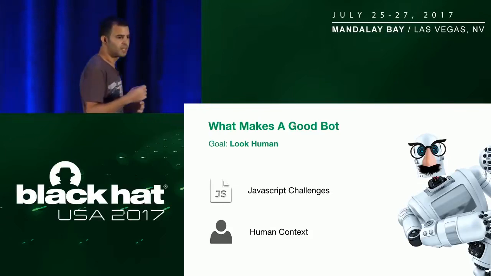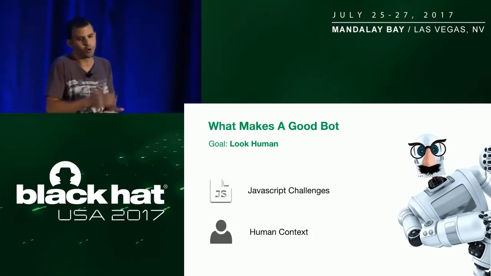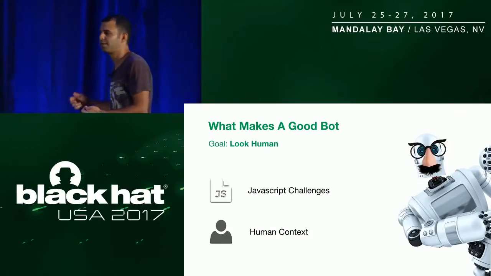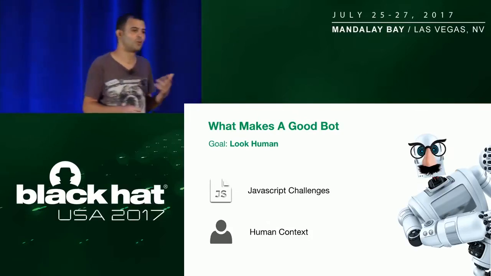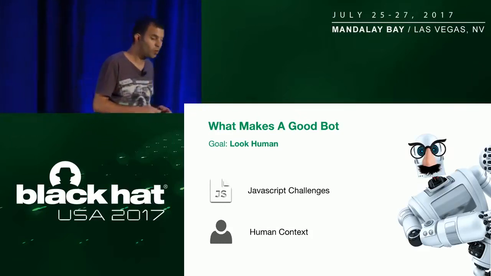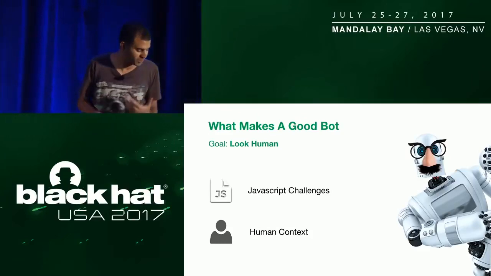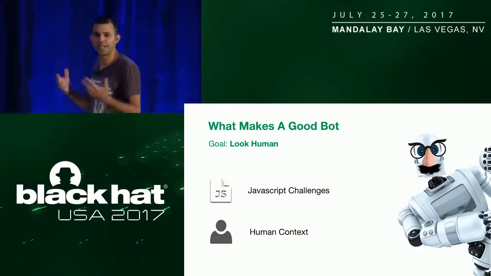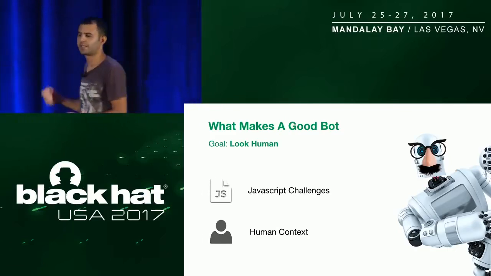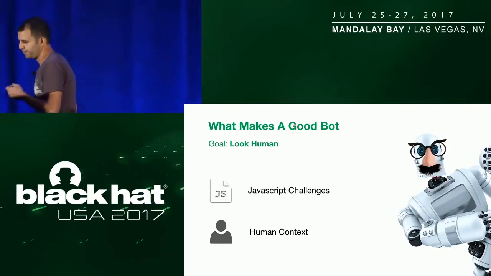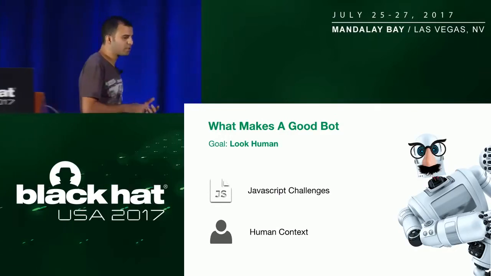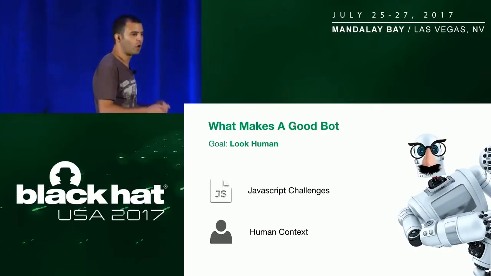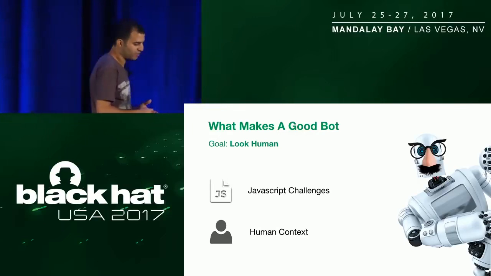As we saw in Wix, there's a flow of events that should happen when a user, for instance, signs up to a website. First, he has to go through the sign-up form, and only then can he send the sign-up request. So this bot needs to somehow get into the context of a real user.